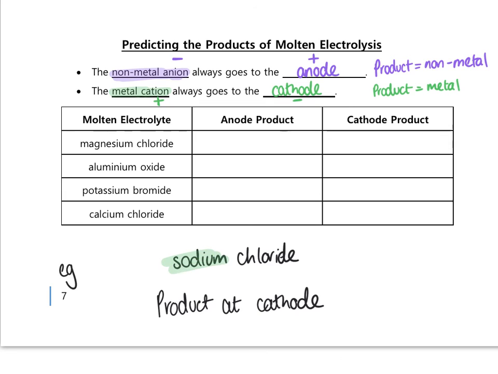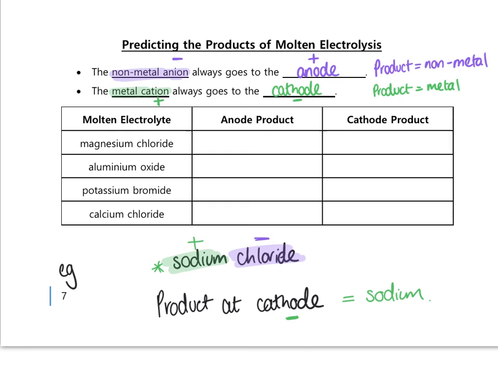We know that our metal ion is always going to be positive, and our non-metal ion is always going to be negative. We're asked here, what is the product formed at the cathode? Well, the cathode is negatively charged, so it's going to attract the positive ions, which in this case are our sodium ions.